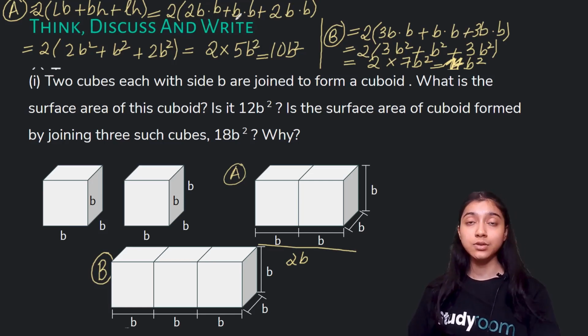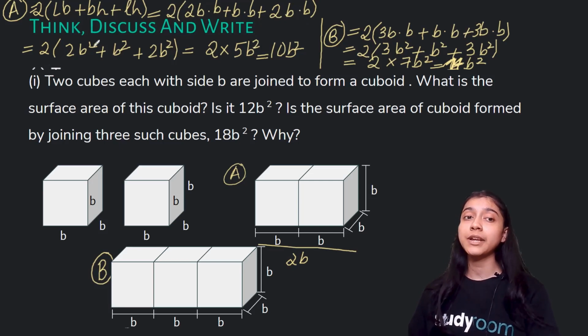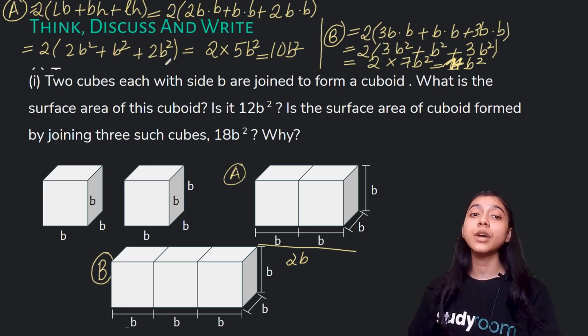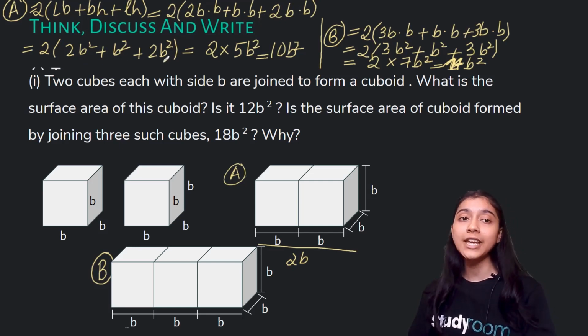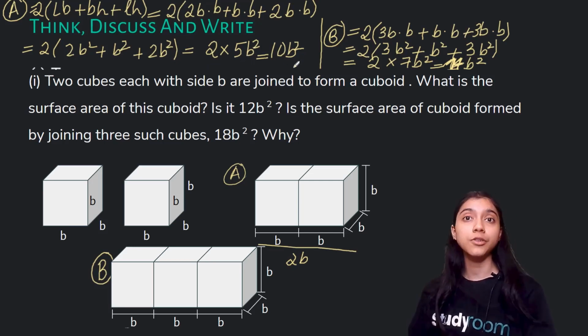Breadth is B and the height is also B. So I wrote B multiplied by B plus length into height. Length is 2B and height is B. So ultimately we get 2 multiplied by 2B square plus B square plus 2B square. 2B square plus B square plus 2B square gives us 5B square, which when multiplied by 2 gives us 10 times B square.